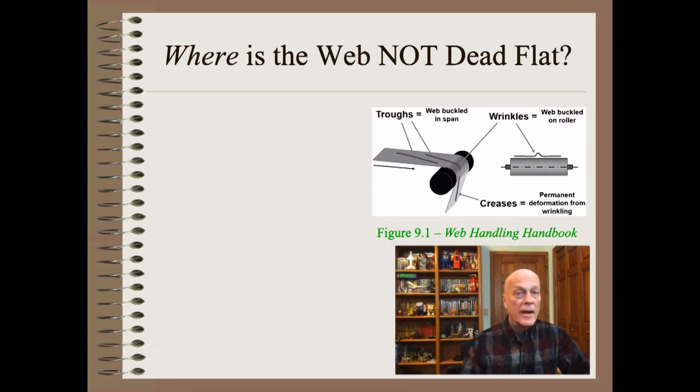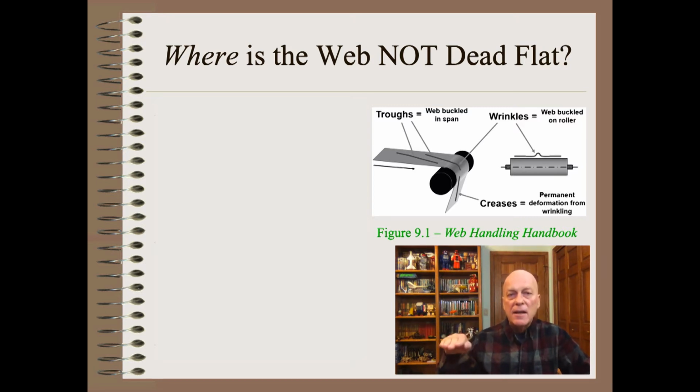Long before we ever get to determining why the web is not dead flat, we need to describe where we first see the web not dead flat. As seen in Figure 9.1 from our must-have Web Handling Handbook, we have 3 different locations, each with a corresponding level of risk or severity.